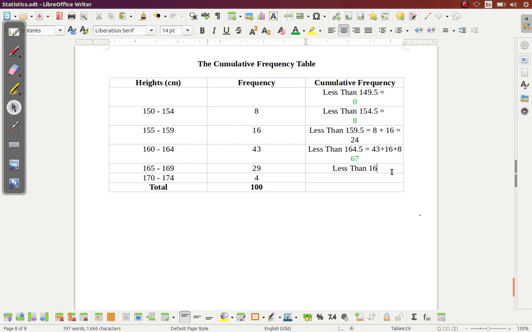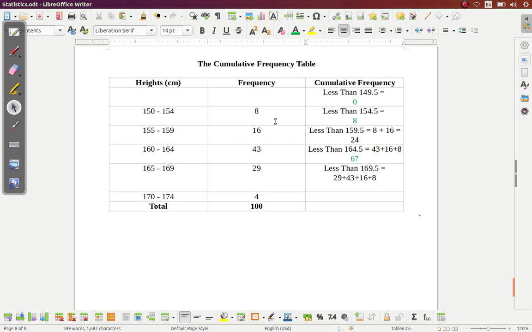Less than 169.5, we have the 29 that we have here, 29, plus the 43 of them, plus the 16 that we had before, plus the 8.